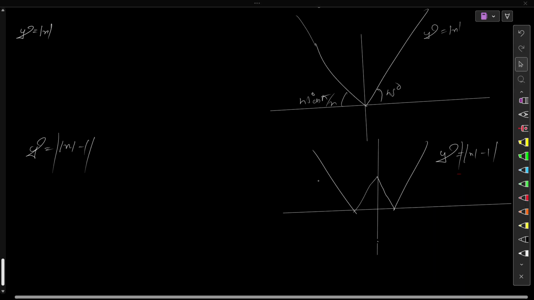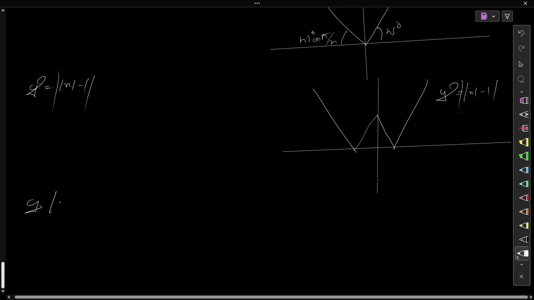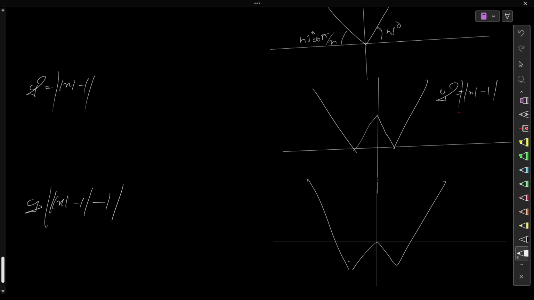If I plot it in the Desmos graphing calculator, let us see it. Okay, let us plot it by hand only. When I draw the graph of mod x minus 1, shifting the function down by 1 and then again taking the mod, the function will go down by 1 and look like this, and then we will take the mod of this graph.